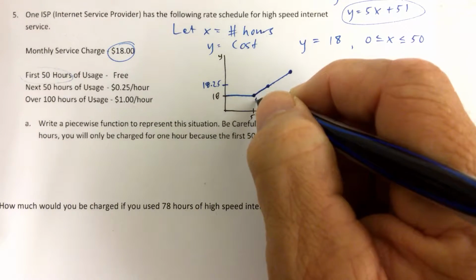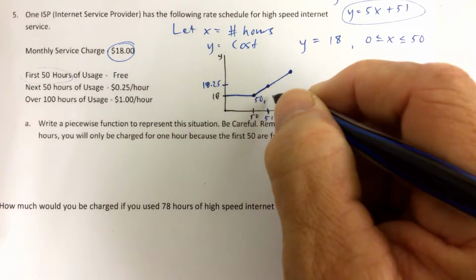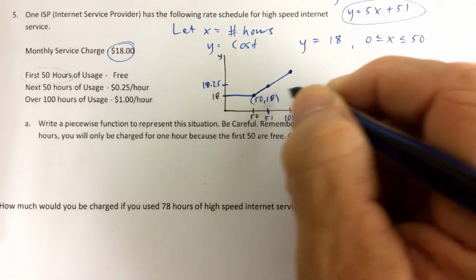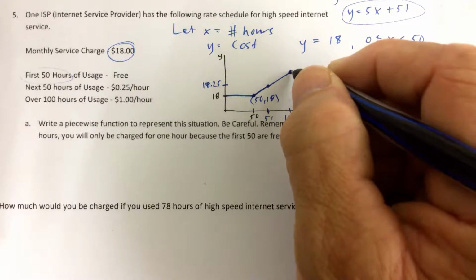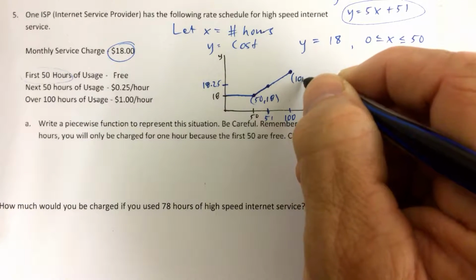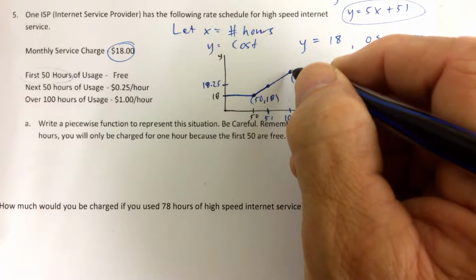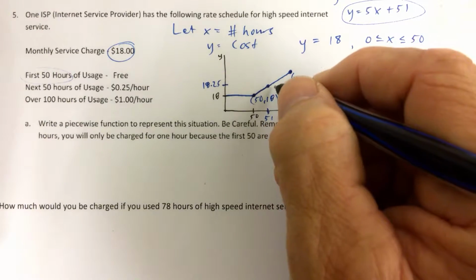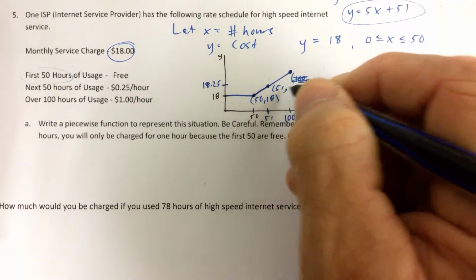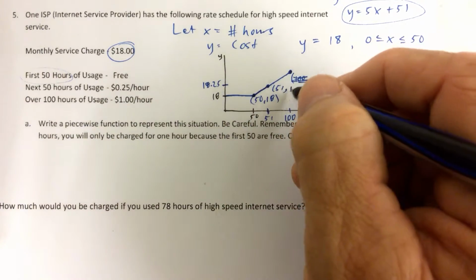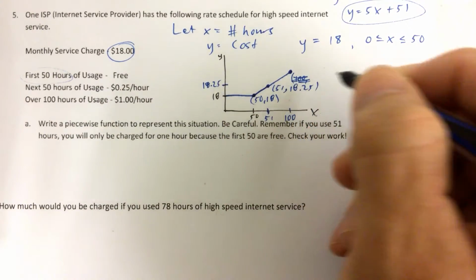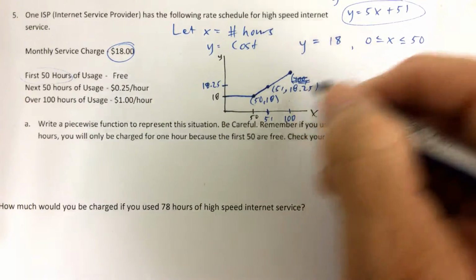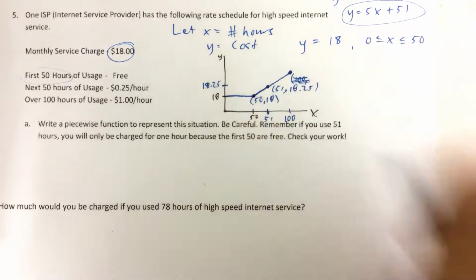We come up with the coordinates of this point right here, 50, 18, and then let's just use 100. Actually, we can't do that yet. We have to do 51, because we can just add 25 cents. We already figured that out. So we have $18.25.